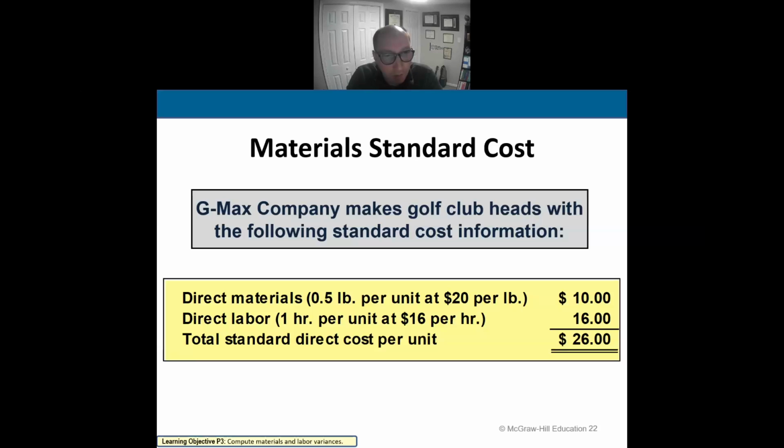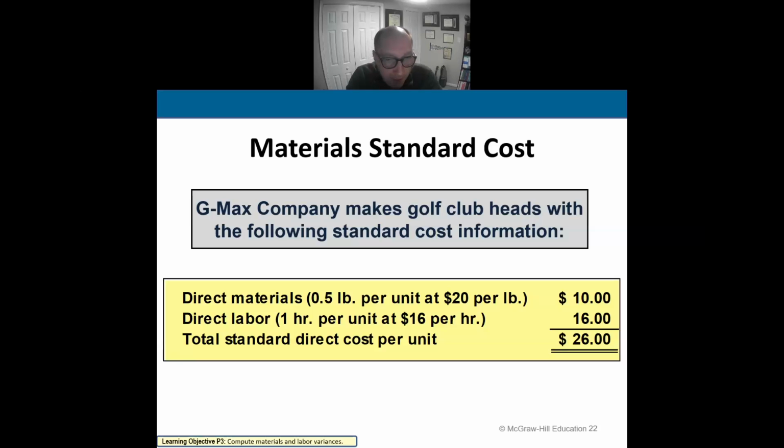So we have direct materials. We use about a half a pound of metal at about $20 per pound. That gives me a direct materials cost of $10. Half pound, so 0.5 times 20 is $10.